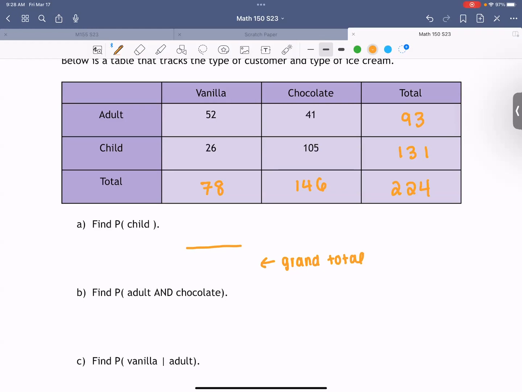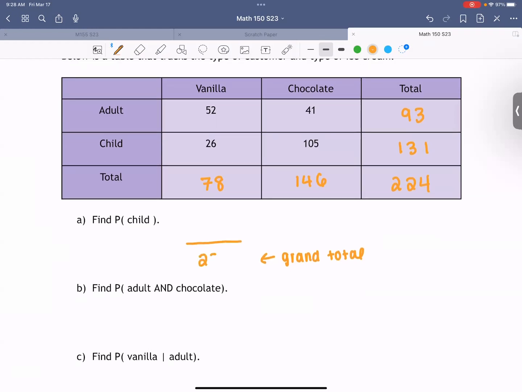The grand total is 224. Now the number up top, this is just a normal probability. We're just trying to find how many children there are. Well, how many children total are there?